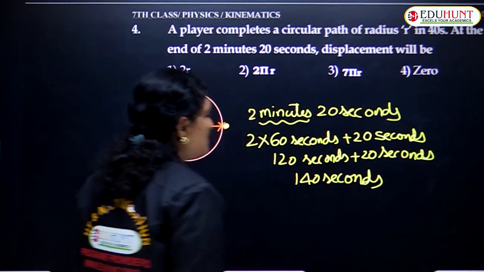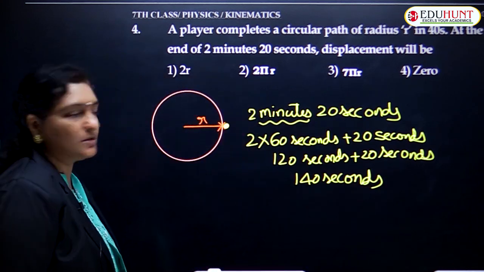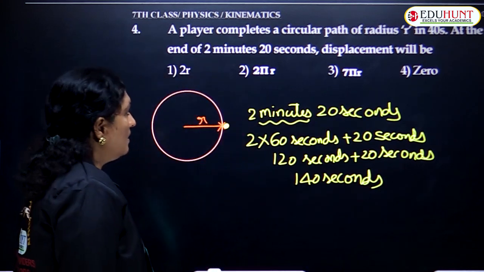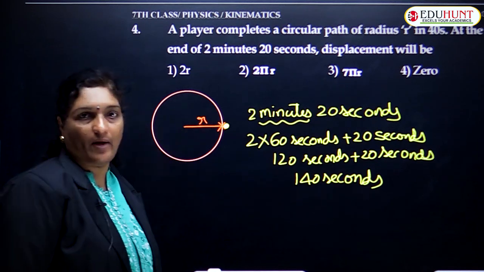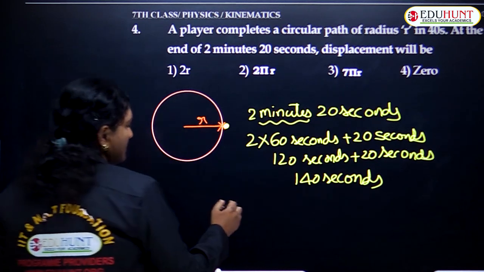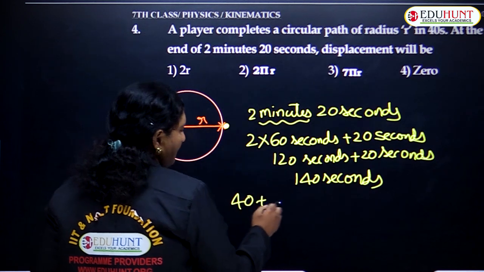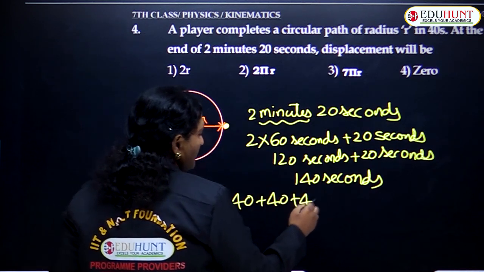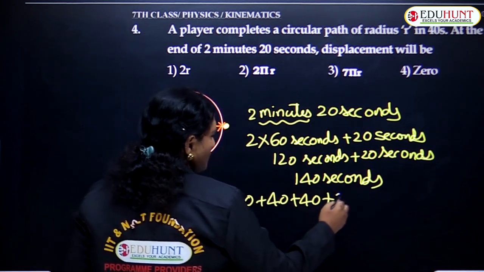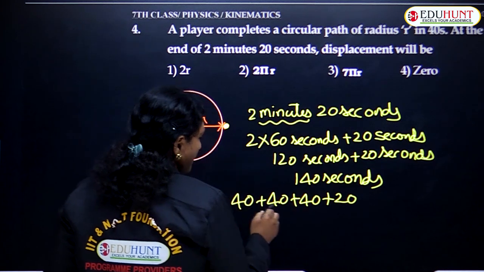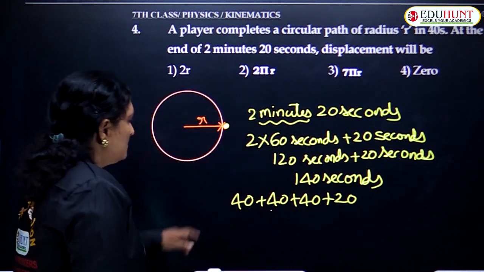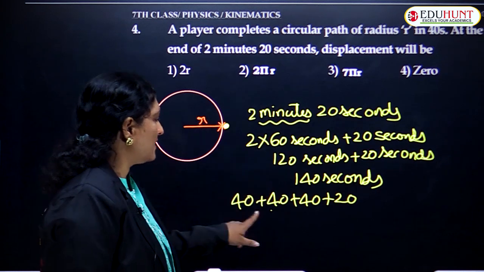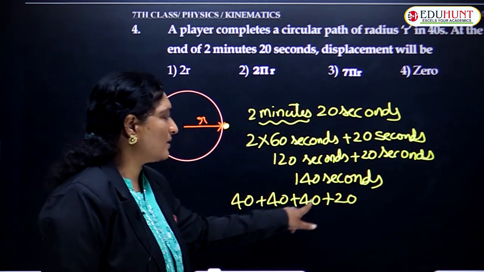So now let us try to find out how much it would be. Every 40 seconds it finishes one round. So 140 seconds can be written as 40 plus 40 plus 40 plus 20.